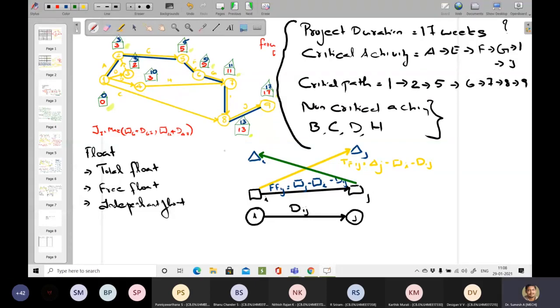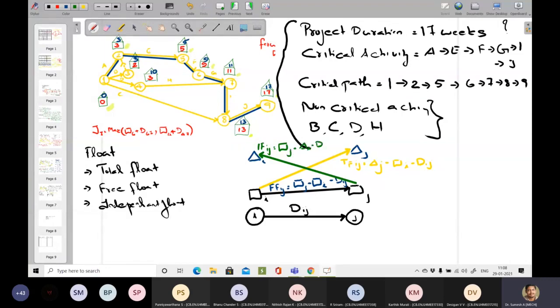So IF I to J equals the larger value, rectangle J, minus triangle I, minus D I to J. So those are the three floats you will be calculating.